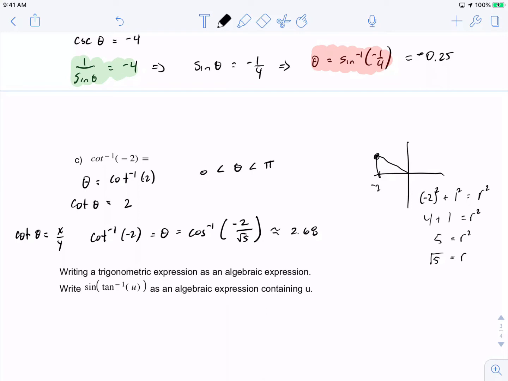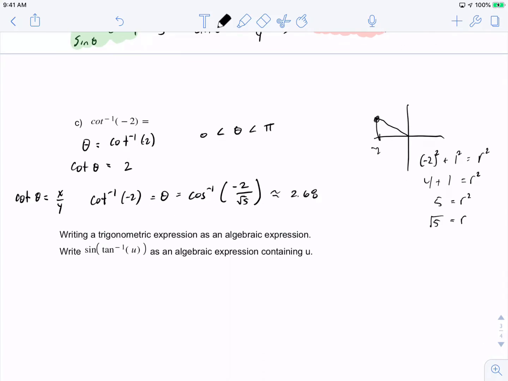And the reason we used cosine here was it just happened to work out to be perfect for us to be able to use it in the second quadrant.